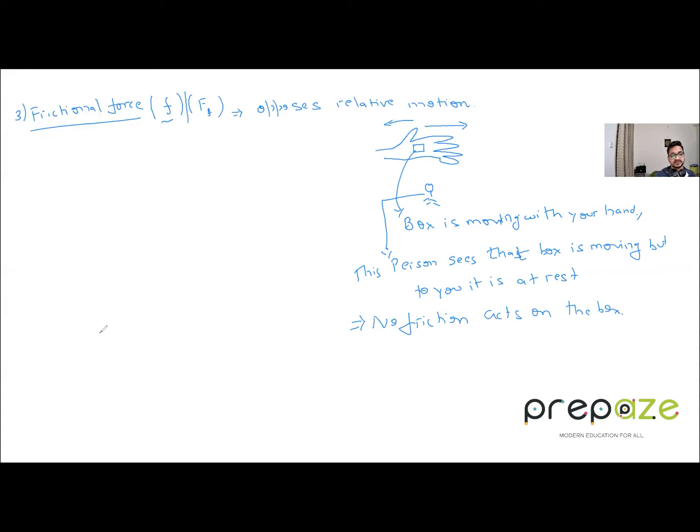Friction only acts when one body moves with respect to another one, then only the friction force will act. If it is not moving relative to the body, it will not act. So that was basically about the friction force and its definition.